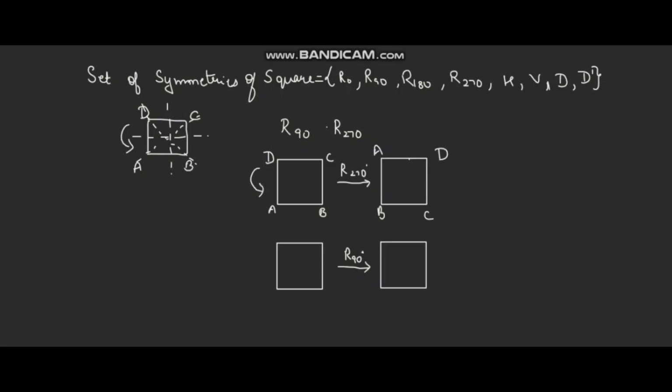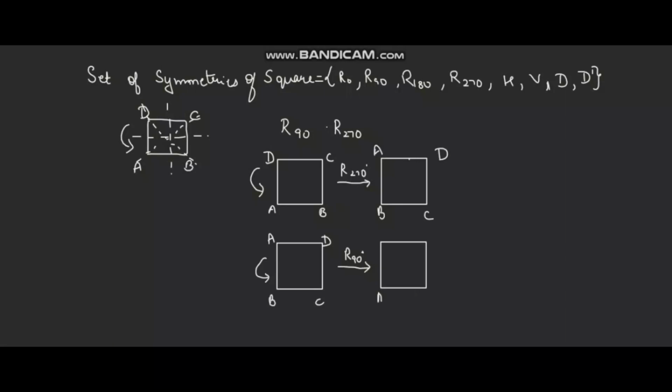Now R90, R270, the 270 degree rotation is done. Now we'll apply the 90 degree rotation on this resulting square. So the resulting square is BCDA. Now 90 degree rotation. This AB side will come at the bottom after rotating it by 90 degrees.